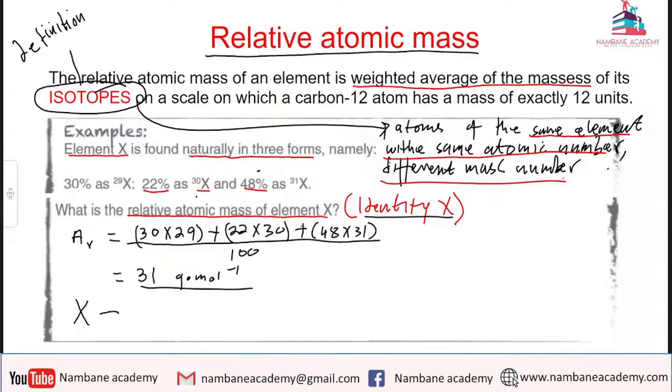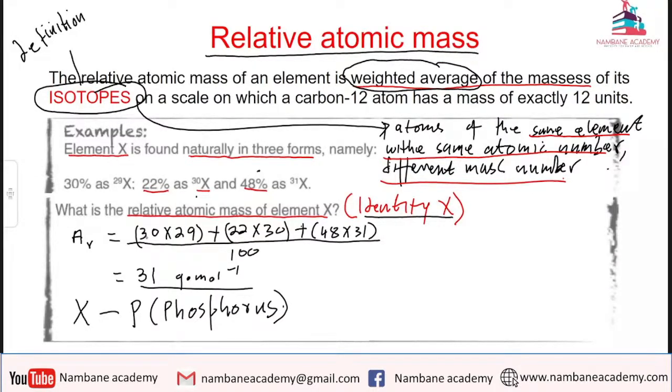We must use the periodic table and check for the molar mass of 31. The molar mass of 31 is P for phosphorus. So we are using this method of isotopes, this method of relative atomic mass, to explain what it means when we say we are calculating the weighted average of the mass.